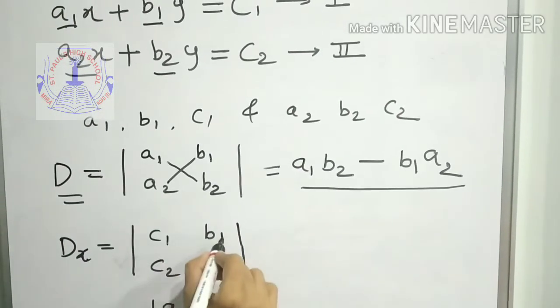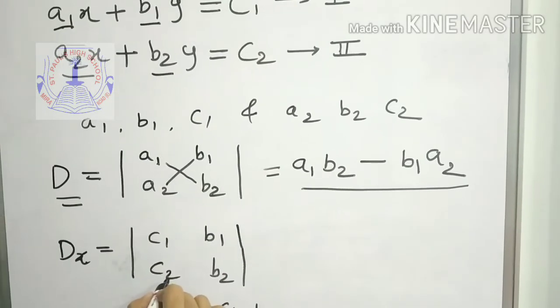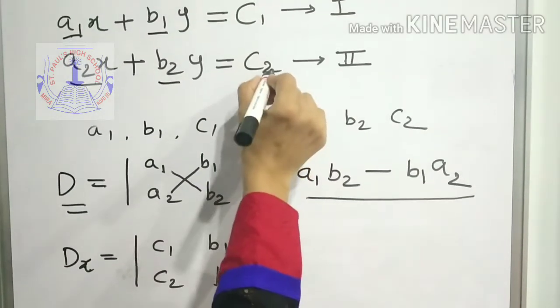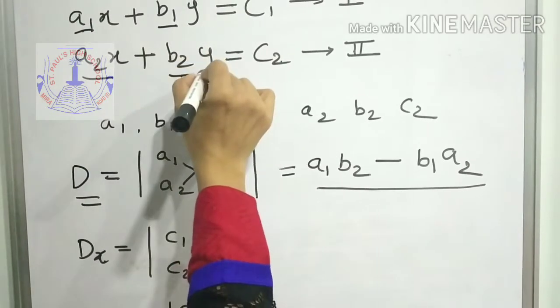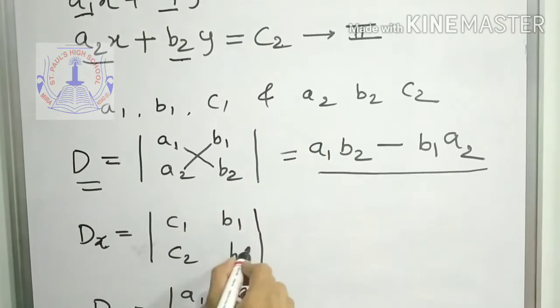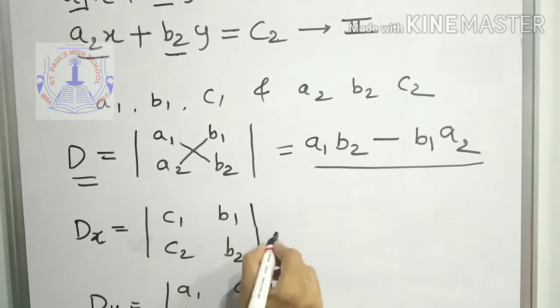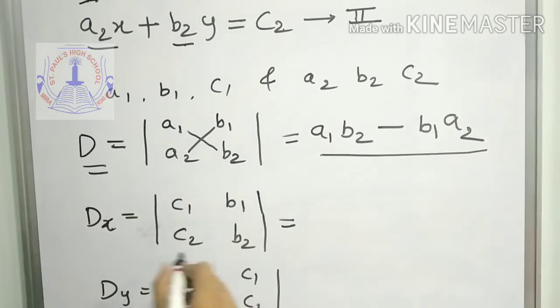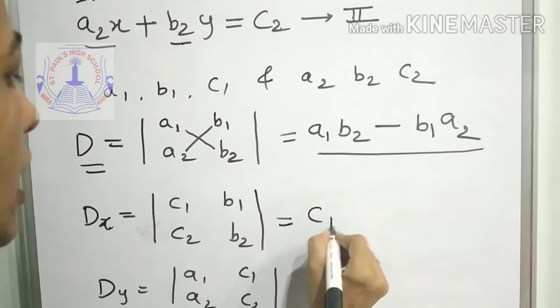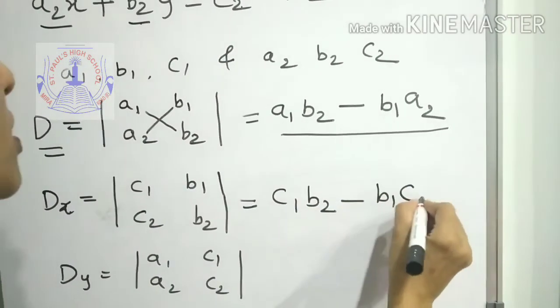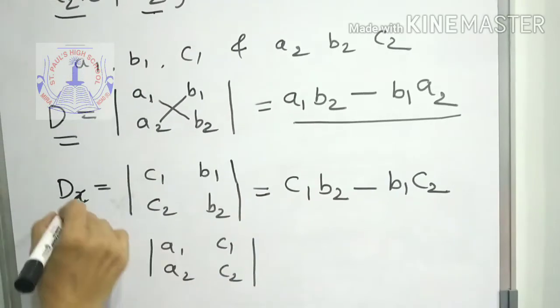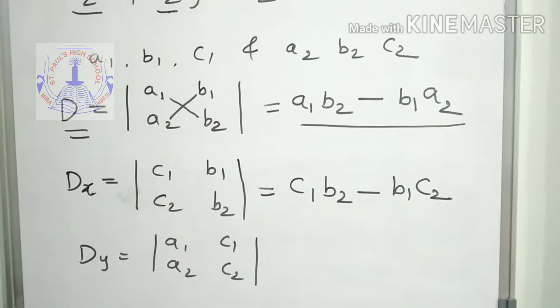So c1, b1. c2 is the constant in the second equation and b2 is the coefficient of variable y in the second equation. Again, we find the value of this determinant using cross multiplication, that is c1 b2 minus b1 c2. This is the value of dx.